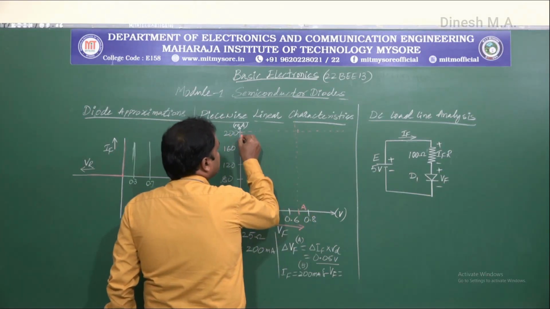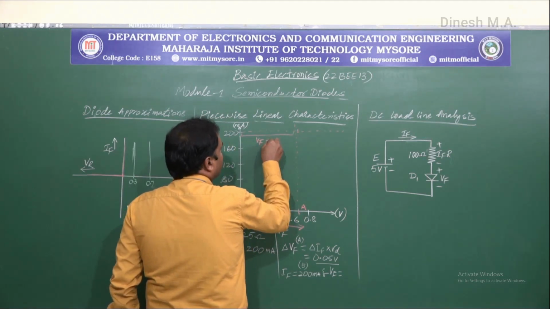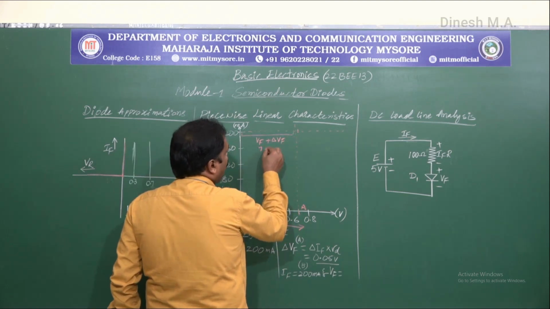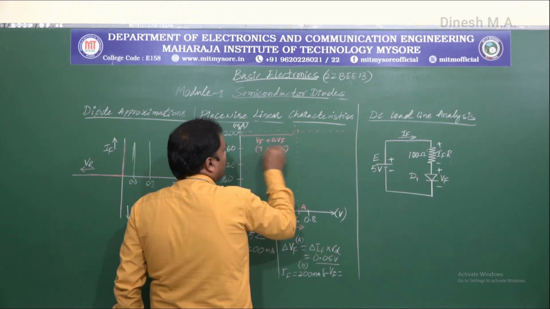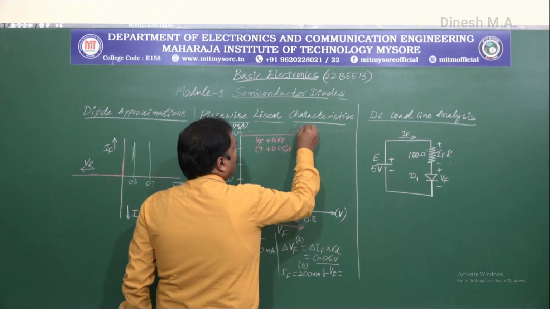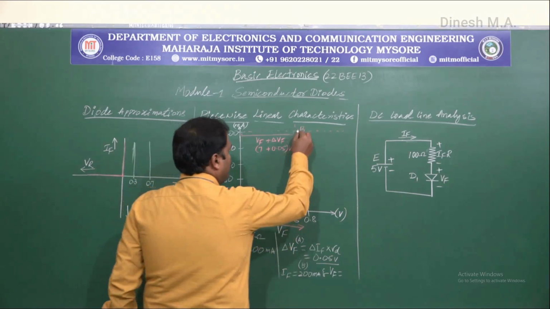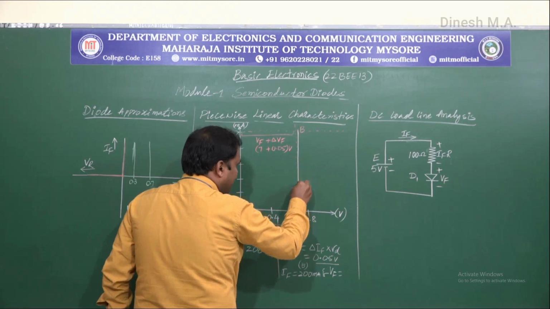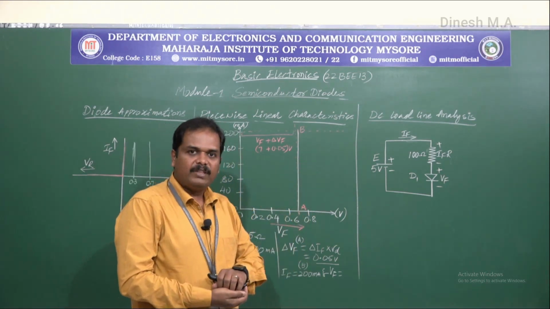This indicates VF plus delta VF, that is 0.7 volts plus 0.05 volts. This is the point where we'll be marking point B, and then we'll draw a straight line connecting the points A and B.